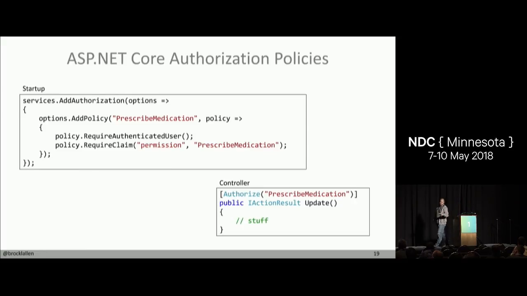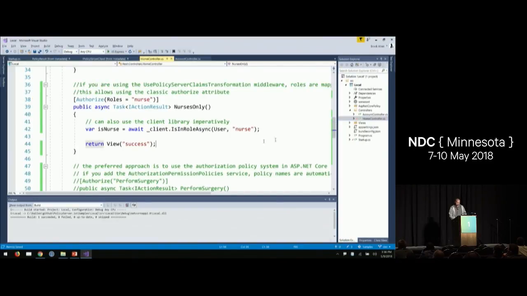So that's the policy server JSON mapping that I talked about, okay? So we're merging an ASP.NET Core policy with the results of the policy server mapping. So I can build this policy, and then the beauty here is that down on the bottom right, if you can see that, the authorize attribute allows you to just put the name of the ASP.NET Core policy, and it will basically give you that level of indirection to run that authorization.